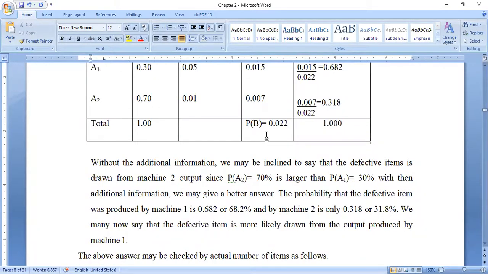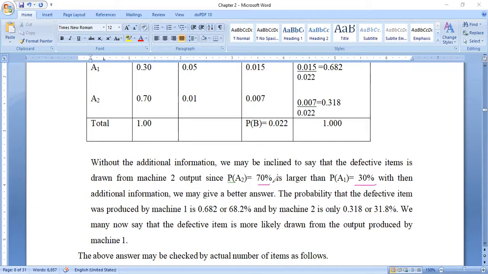Based on the output, when we do these calculations, by observing the question, 30% output is there in machine 1, and machine 2 is 70%. Machine 1 is 30%, machine 2 is 70%. Okay, here 70% is larger than 30%.